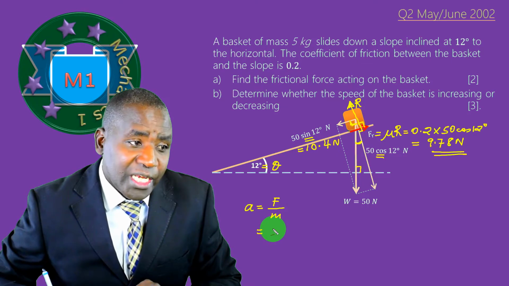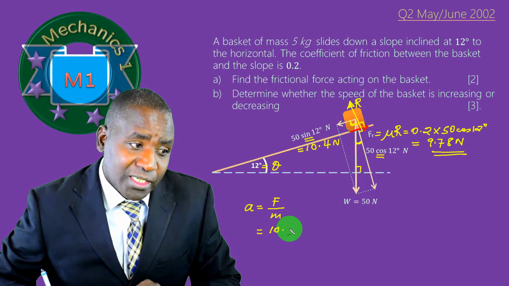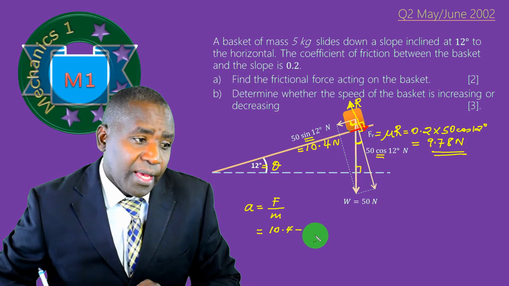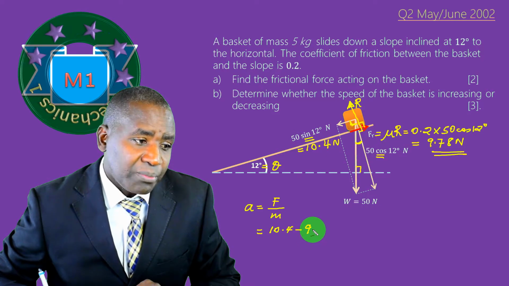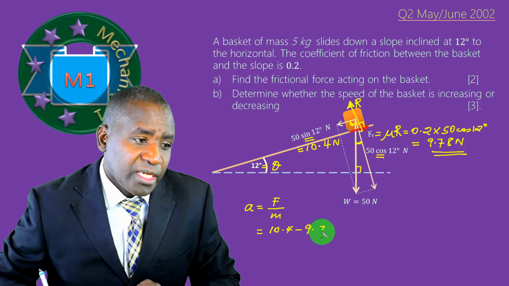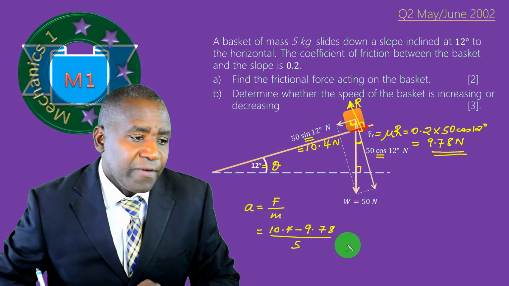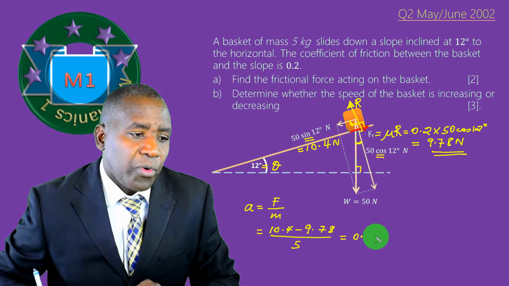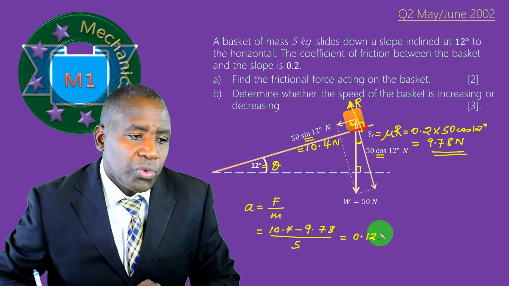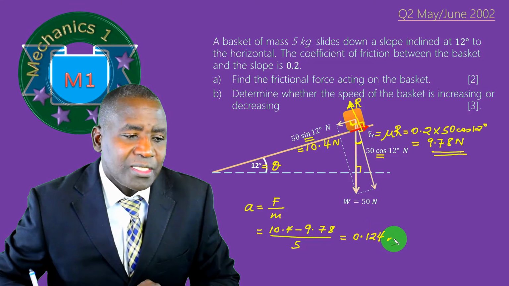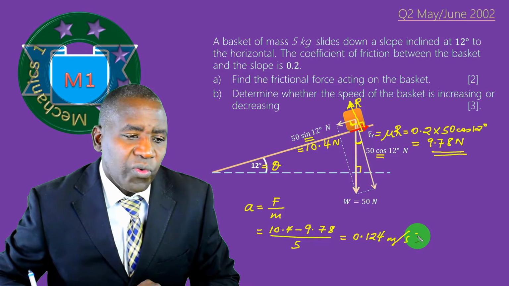However, we can go right ahead and calculate that acceleration. So you subtract 9.78 over here and divide everything here by 5, and you're going to get a value of 0.124 meters per second squared.